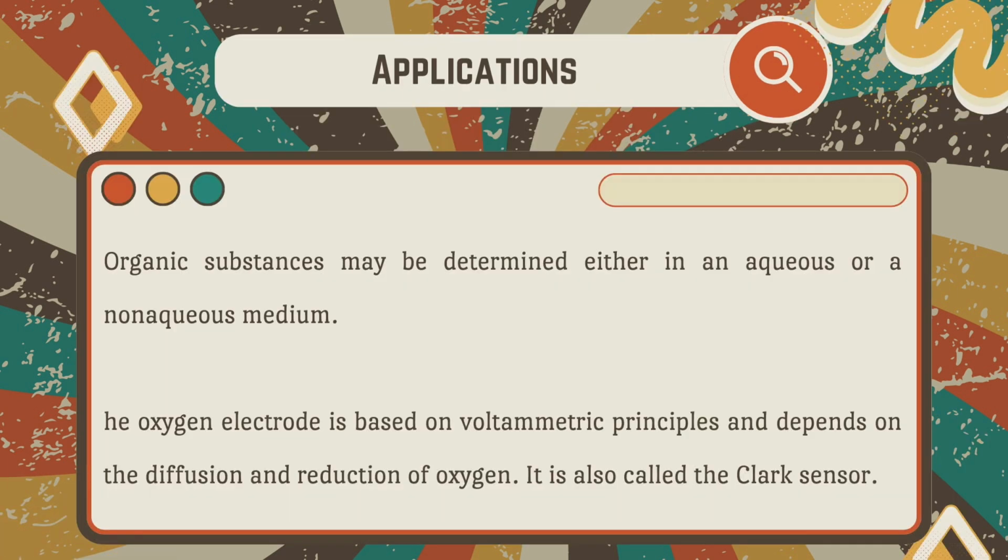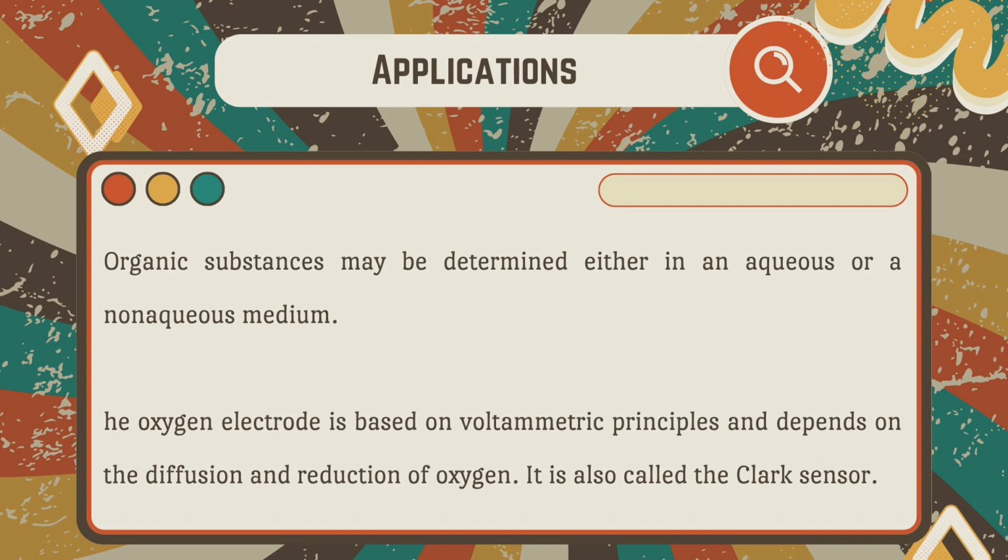Organic substances may be determined either in an aqueous or non-aqueous medium. For example, the concentration of nitrobenzene in commercial aniline may be found by studying the reaction. The oxygen electrode is based on voltammetric principles and depends on the diffusion and reduction of oxygen. It is also called the Clark sensor.